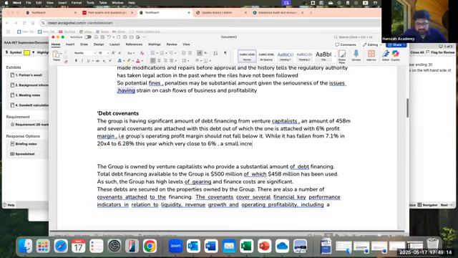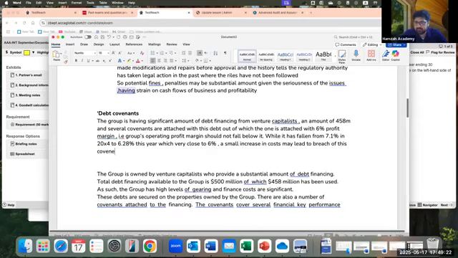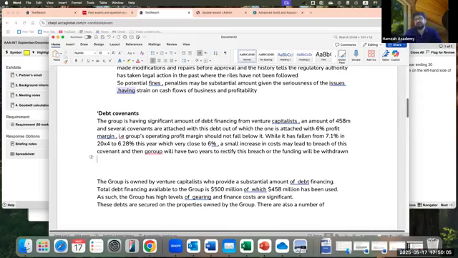A small increase in costs may lead to breach of this covenant. And then the group will have 2 years to rectify this breach, or the funding will be withdrawn. Now tell me, anything which I have written from my side, I have utilized the same facts available.